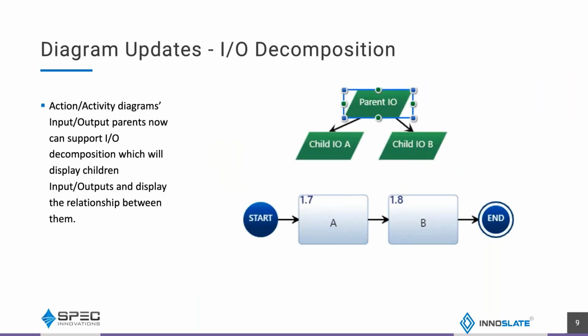Another feature that was also updated was the action diagram. So a number of things in the action diagram. One of the most exciting things to me personally was this idea that we wanted to be able to do decomposition of input-output elements. That had been something on my list for quite some time, and so we added that.